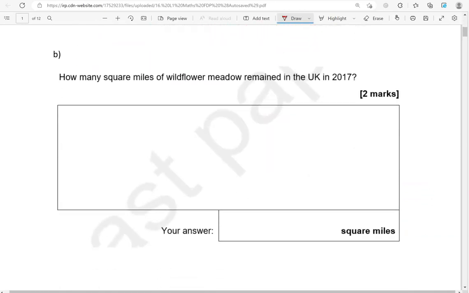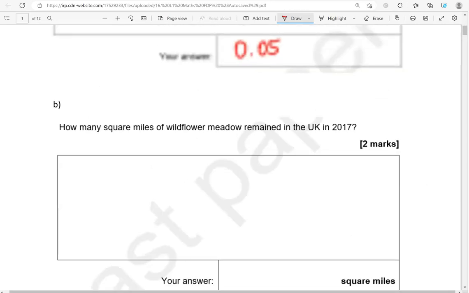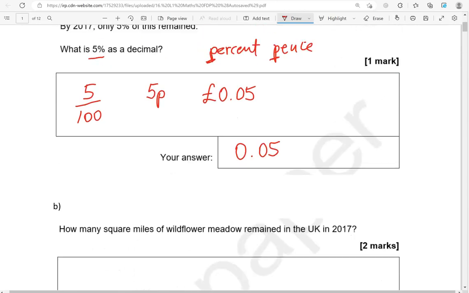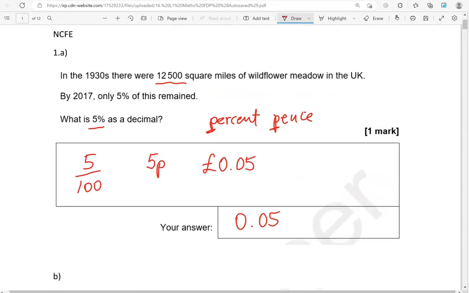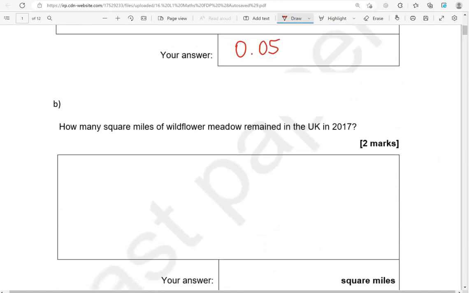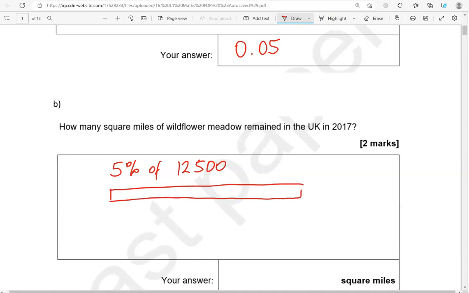How many square miles of wildflower meadow remained in the UK in 2017? So that was only 5% of 12,500. So we're going to work out 5% of 12,500. As we can't use a calculator, we'll use the 10% method. So first of all, I'm just going to represent the whole amount here.